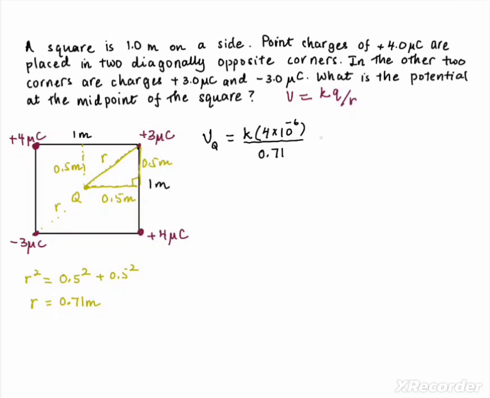So then let's move on to the +3 charge. So that's K times 3 divided by R. R value is the same because this is a square. If it's not a square, the R value is not the same. Let's move on to the other +4 charge.